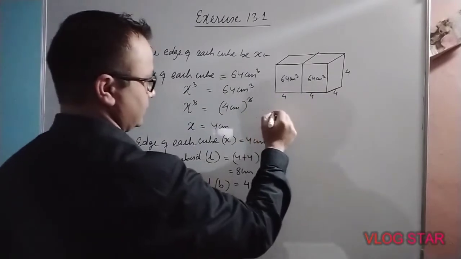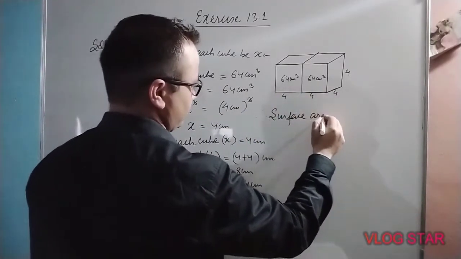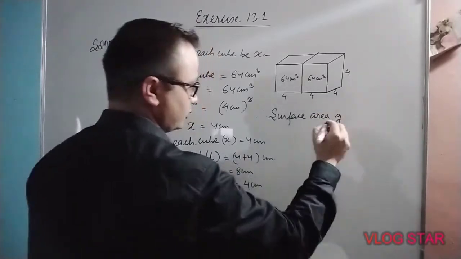Now we can calculate the surface area of the resulting cuboid.